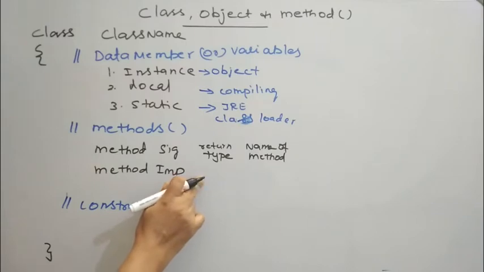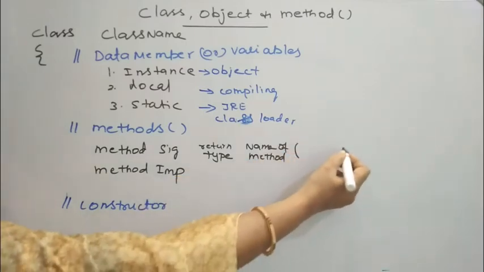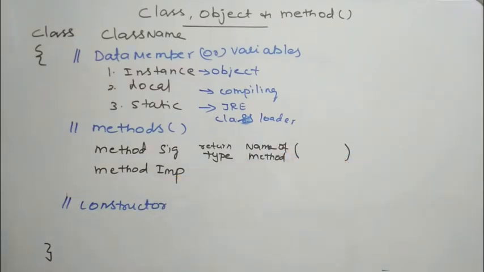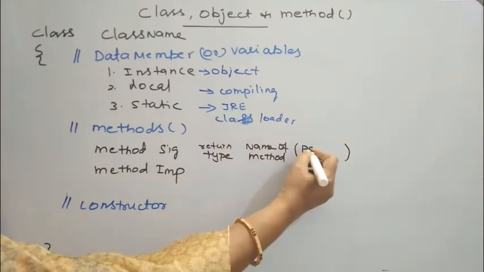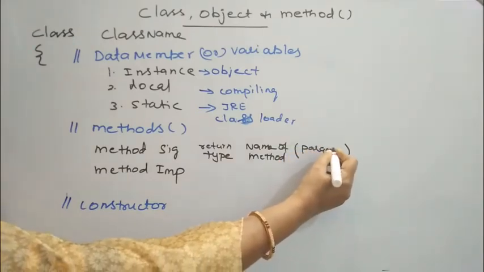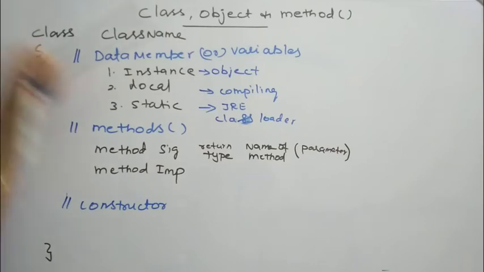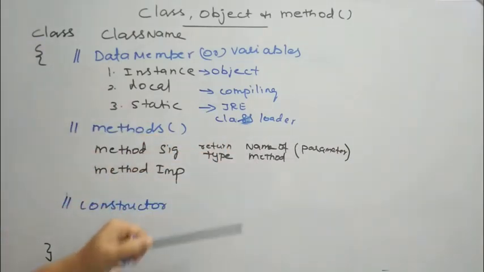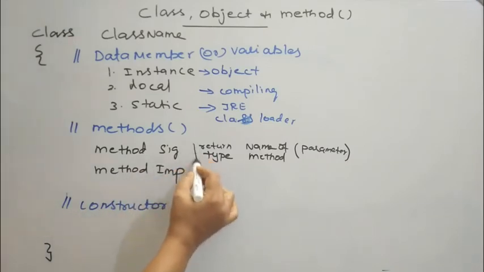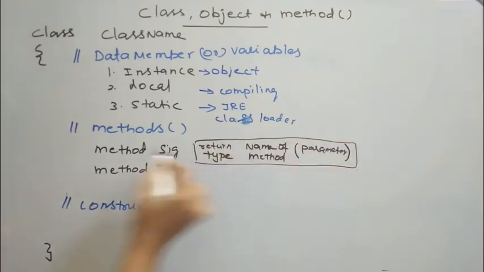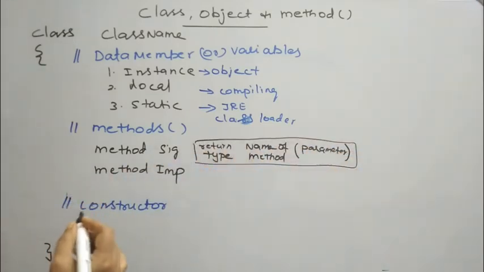When the method is invoked, we need to pass certain values to it. The values are taken by the parameter, which takes a list of values when the method is invoked. So this is your method signature. The first thing in a method definition is the method signature.